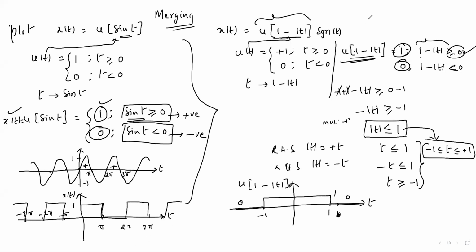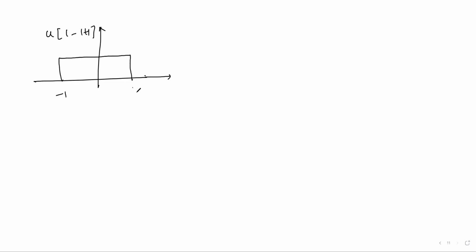This function should be multiplied with the signum of t to get x of t. So let us multiply this rectangular function with the signum function to get x of t. I'll go to another page. So for u of 1 minus mod t, we got a rectangular function from -1 to +1, like this, with amplitude 1 here.